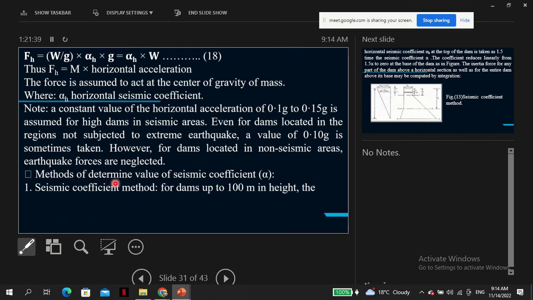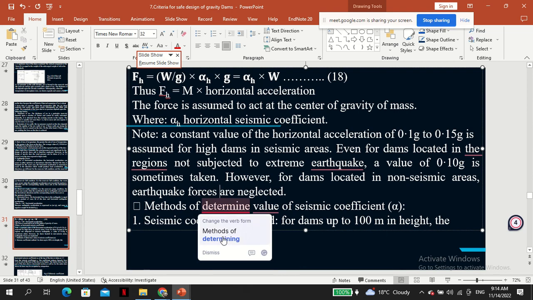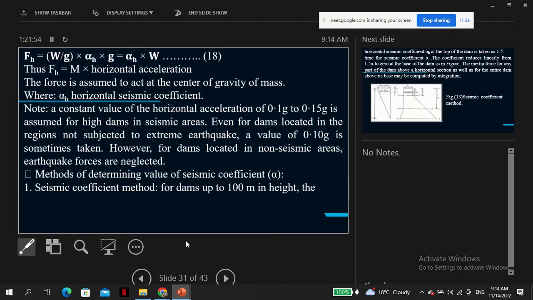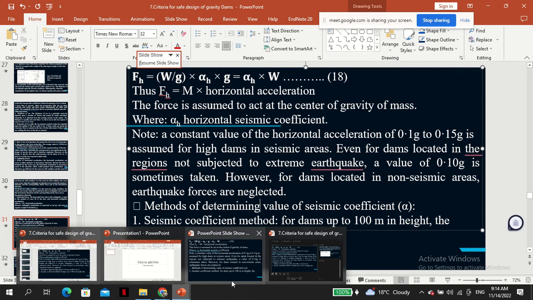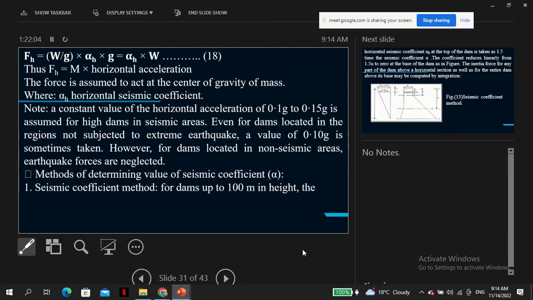Now, methods of determining the value of seismic coefficient alpha.